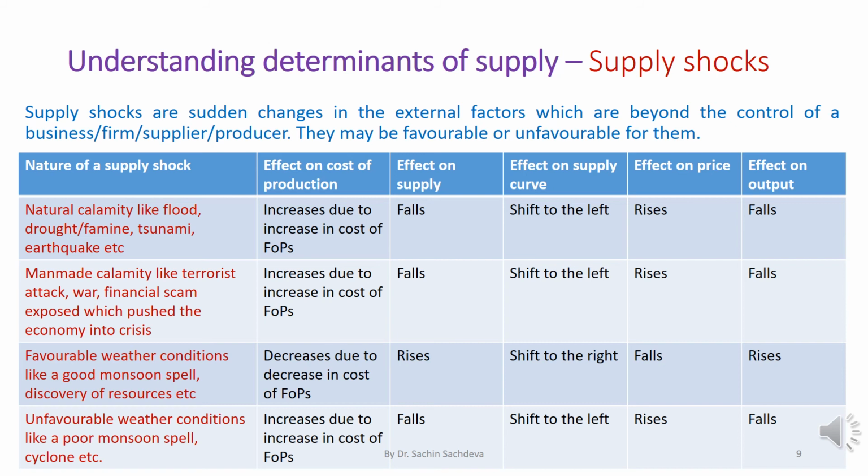Another supply shock can be favorable weather conditions, like a good monsoon spell may increase the yield of many crops, or maybe there is a discovery of resources of certain products.